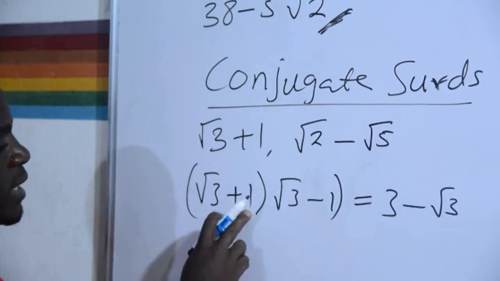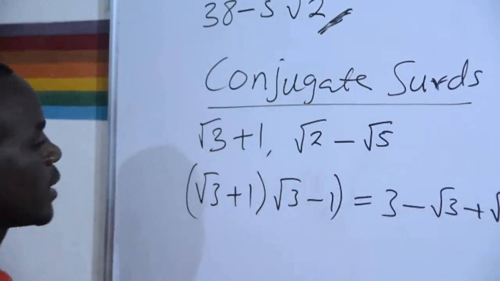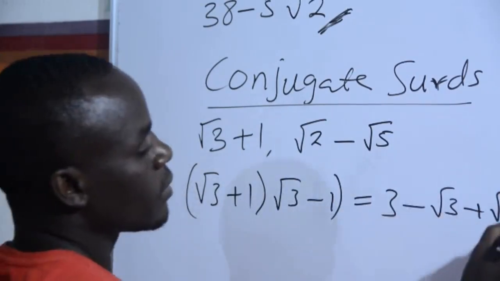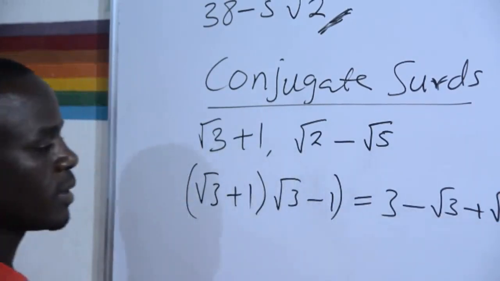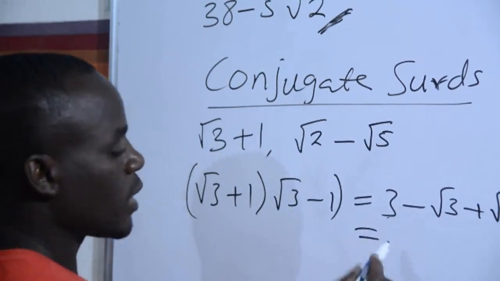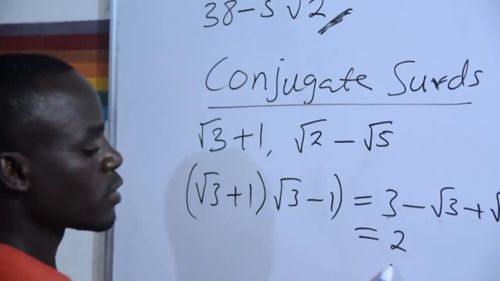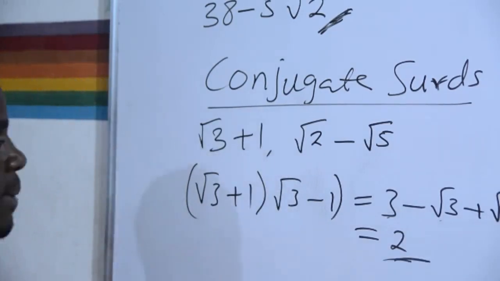And then 1 times root 3 will give us plus root 3. And 1 times minus 1 will give us minus 1. And we now discover we have 3 minus 1, which is 2. And minus root 3 plus root 3 is 0. So now see we have 2 as our answer.